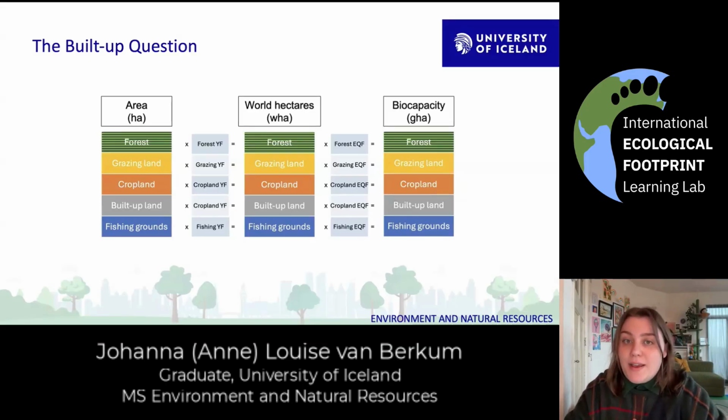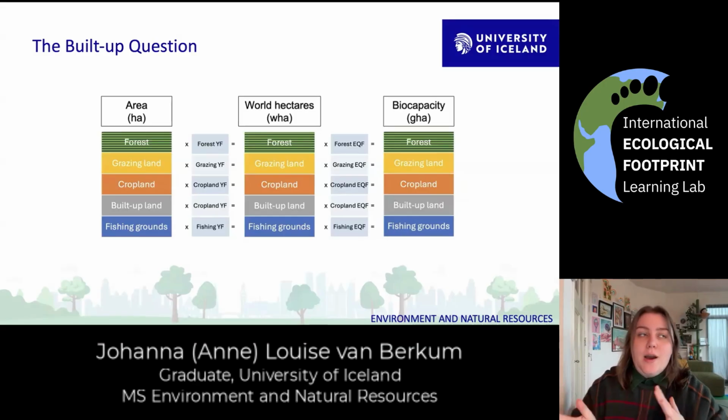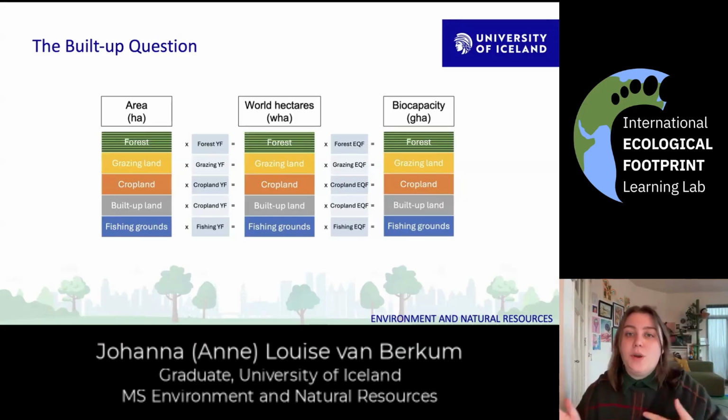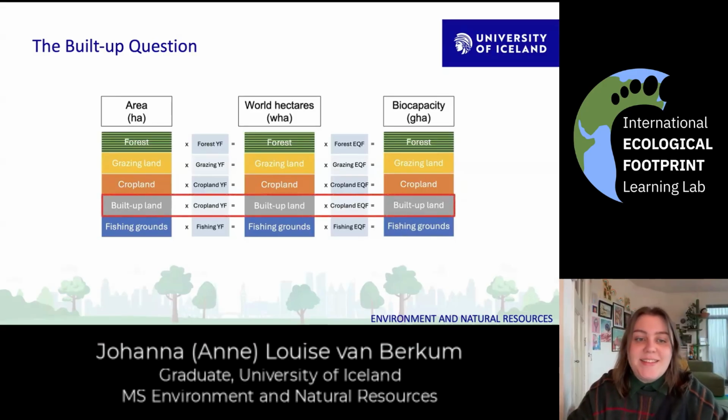And then we have the equivalence factor, which talks a bit more about how productive is a forest compared to a cropland, compared to a grazing land. And as you might have already noticed here, the built-up land is using cropland yield factors and equivalence factors in our framework. And that's related to the historical idea that we started cities or built-up areas in places where there was high agricultural productivity.